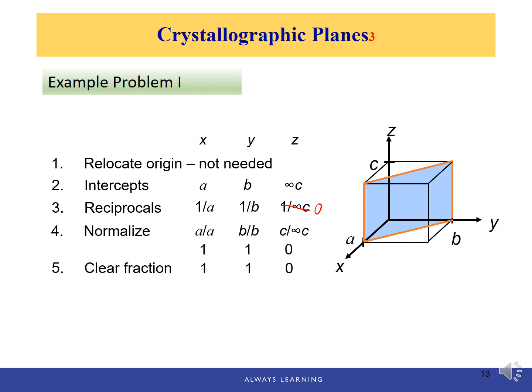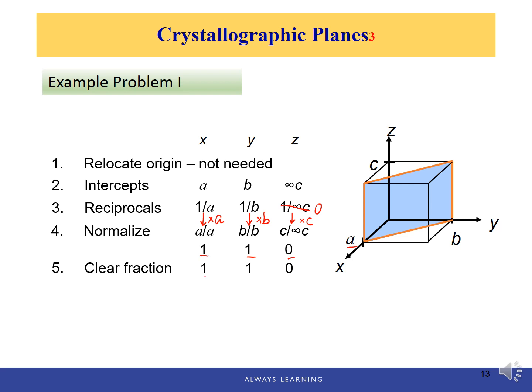Step 4, normalize by multiplying A to the x component, b to the y component, and c to the z component, assuming the lattice parameters are ABC here. So after normalizing, we have 1, 1, 0. Next step, if we have fractions, we need to clear the fractions.